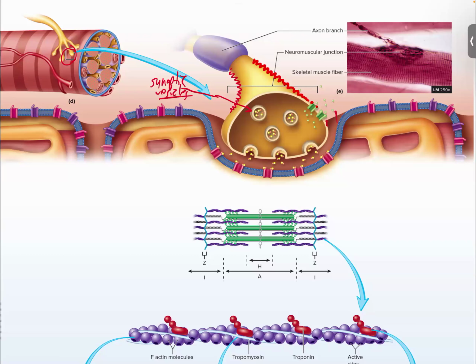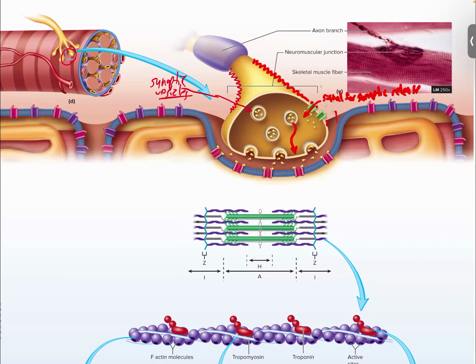And so this is going to allow these ions to flood inward following their diffusional gradient. And that is the signal for synaptic release. What release? For these vesicles to go to the presynaptic membrane and release their acetylcholine.